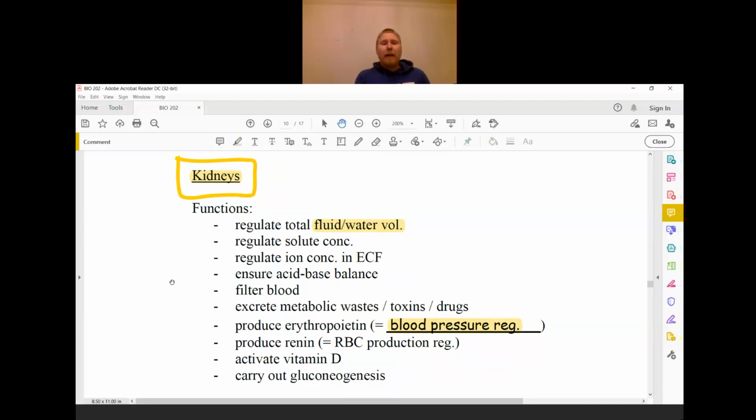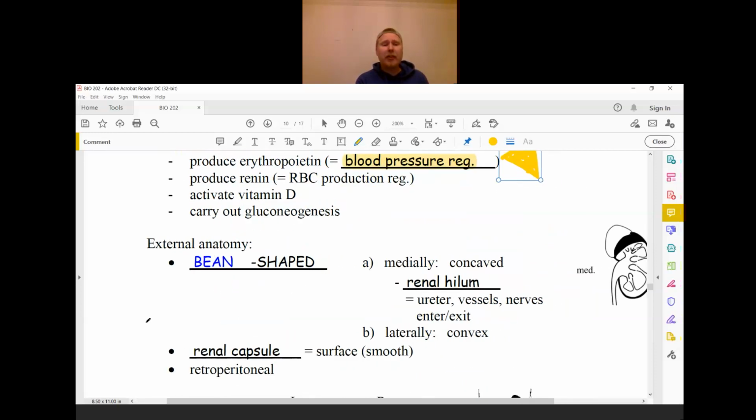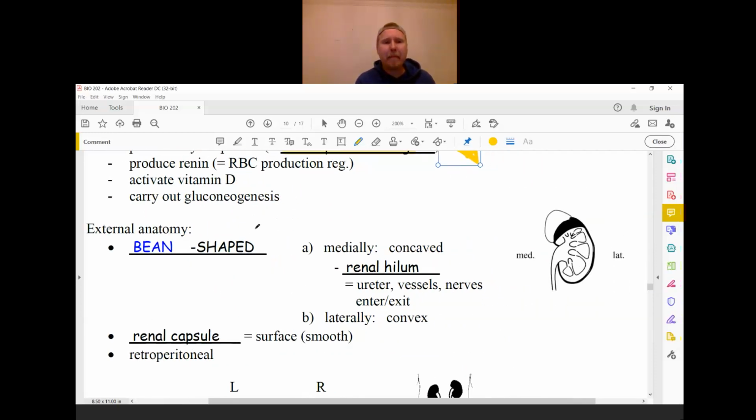But really the big one that I wanted you to remember was blood pressure regulation through the kidneys. Of course, we also excrete, get rid of, some of the metabolic waste, toxins, drugs, so we filter the blood for that as well. Let's have a look at some of the external anatomy of the kidneys.